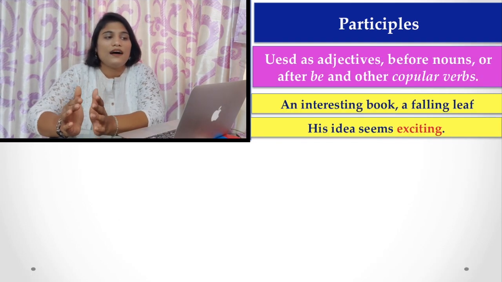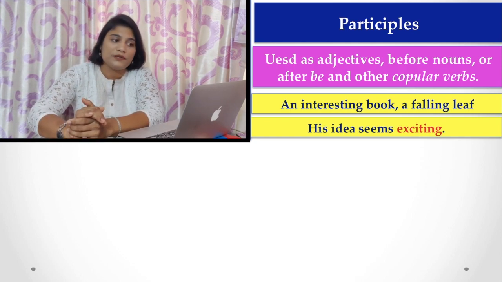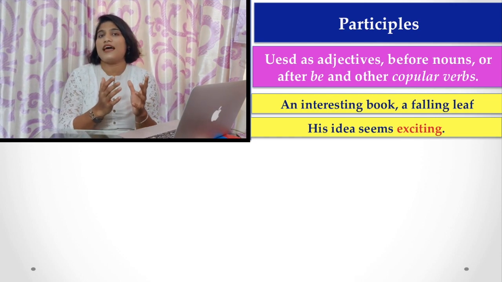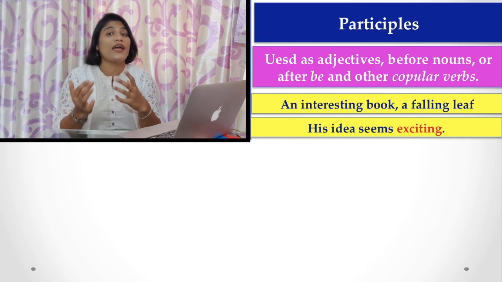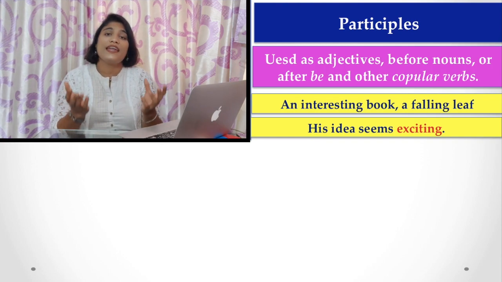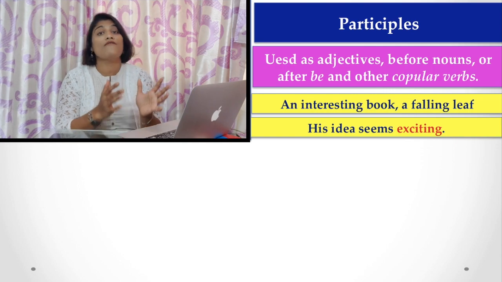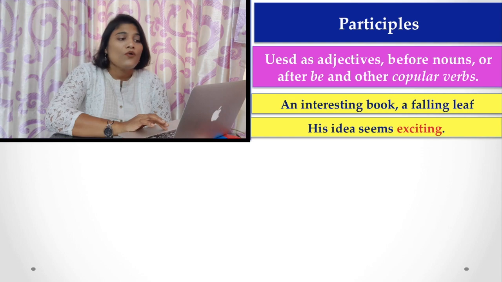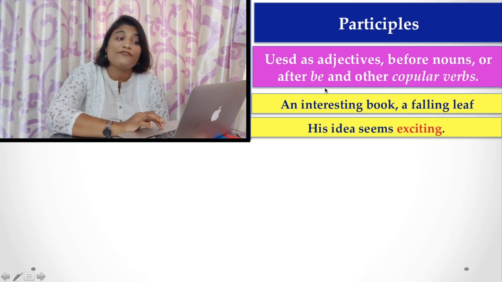Now let's see the interesting and the difficult part of the participle. Sometimes you find ing verb forms used, as I told you earlier, as a noun and as an adjective. So how do we recognize the use of verbal ing as a participle and as a noun? It is used as an adjective before a noun or after a verb or other copular verb.